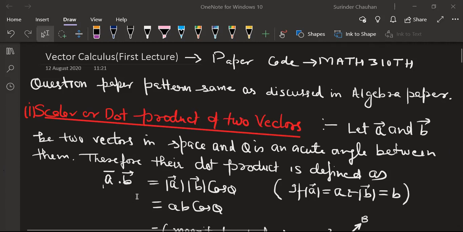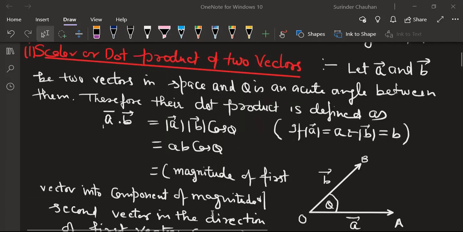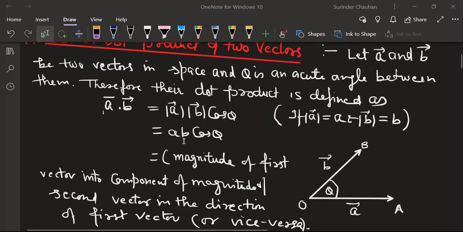Therefore, their dot product is given by A dot B equals magnitude of A vector into magnitude of B vector into cos theta, where theta is the acute angle between both vectors. This can also be written in a simple way. Magnitude of A vector is written as A and magnitude of B is written as B in order to save time. So the dot product of A and B vectors is written as AB cos theta.